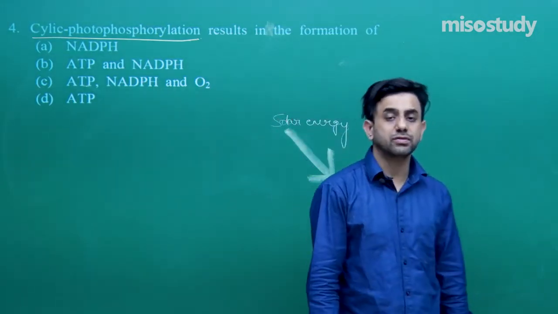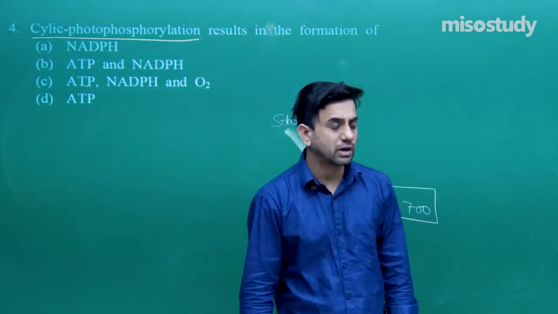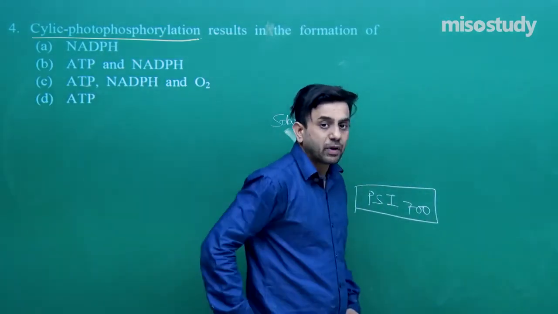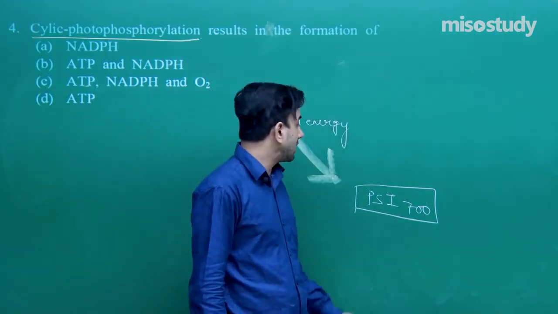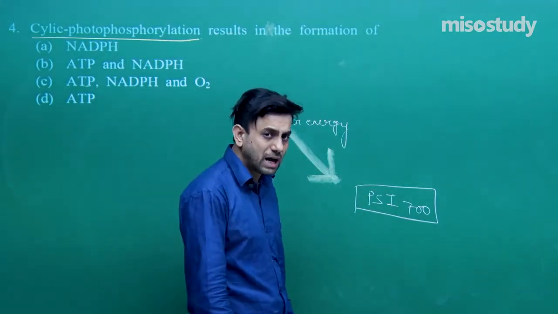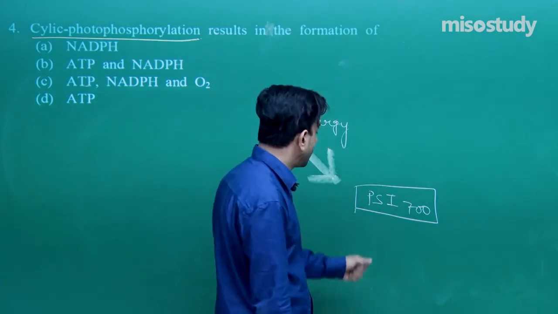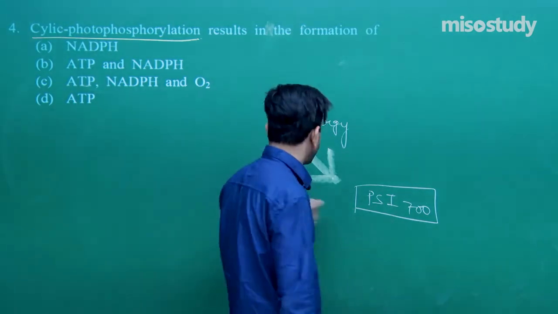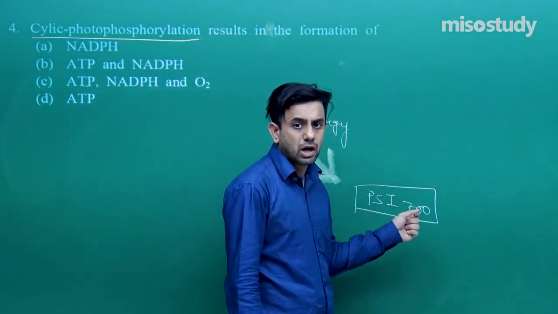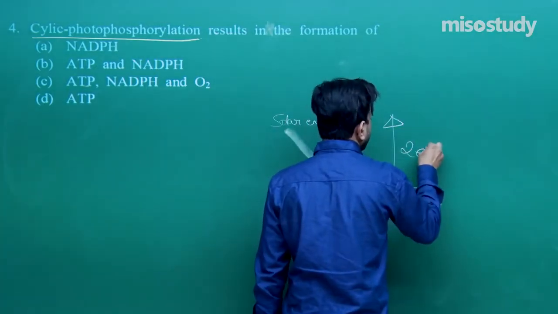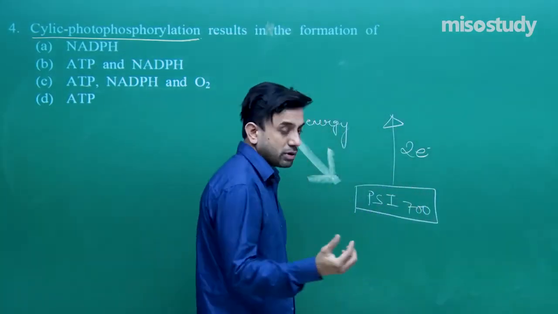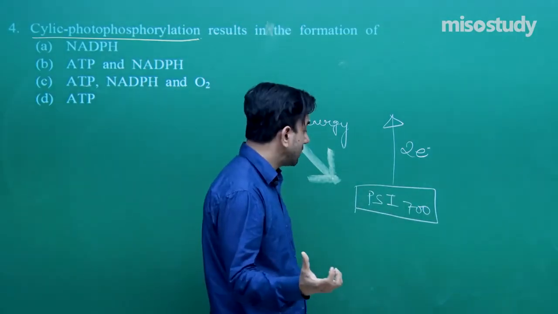We know photosystem is of two types, PS1 700 and PS2 680. Now, in this case PS1 700, the light energy is falling on this PS1. Now what will happen? The electrons will be liberated. This will take energy and electrons will be liberated.